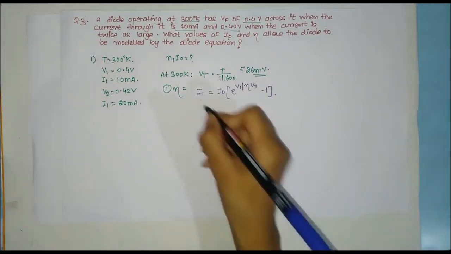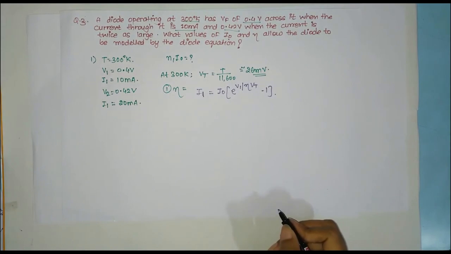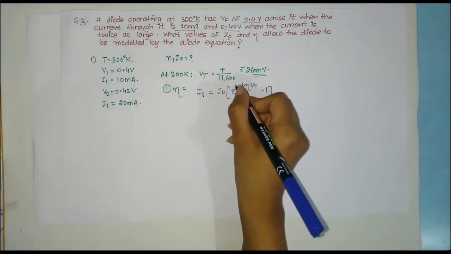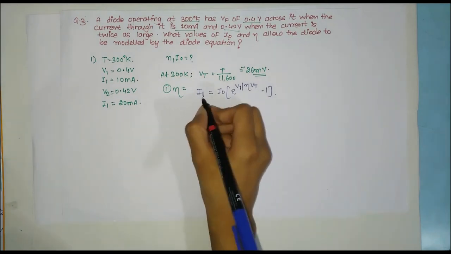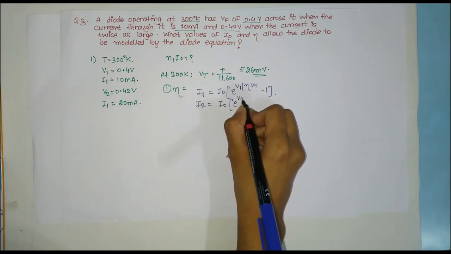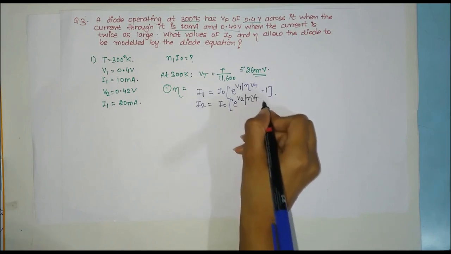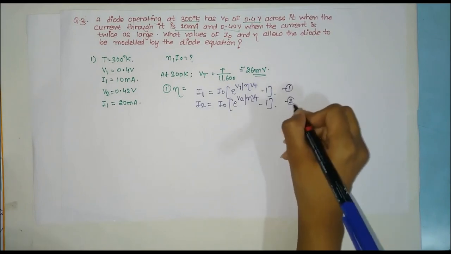Now instead of Id, I am writing I1 since we have two equations that would be formed, and instead of V I am writing V1 corresponding to I1. And the next equation will be I2 is equal to IO into e raised to V2 upon eta Vt, minus 1.